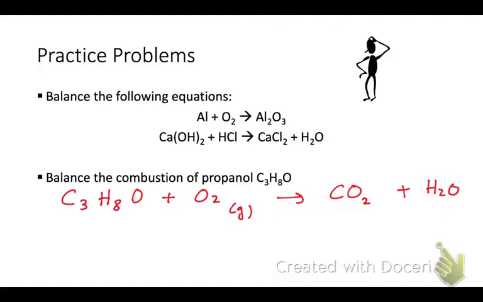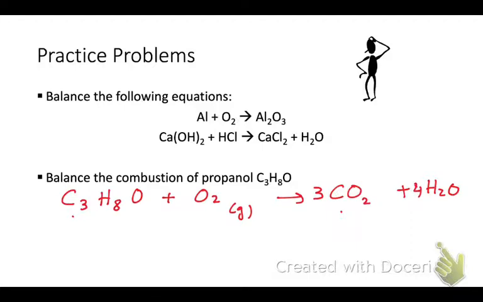Now let's start to balance. Carbon is a good element to start with. I have mentioned once here and mentioned once here. 3 carbons in, 1 carbon out. I balance that by putting 3 carbon. Now let's look at hydrogen. 8 hydrogen in, 2 hydrogens out. I balance that by putting 4.